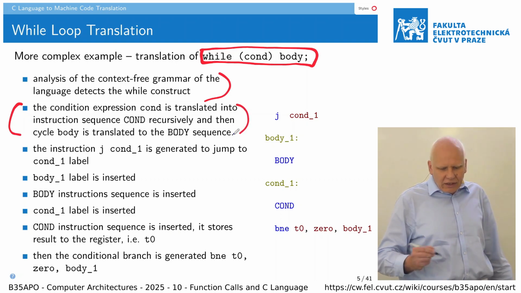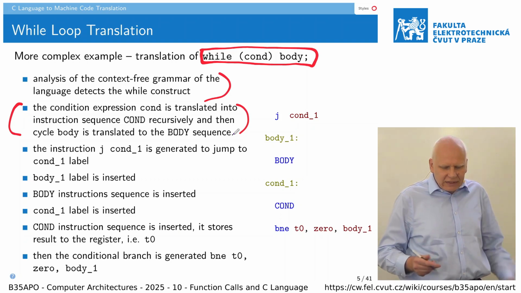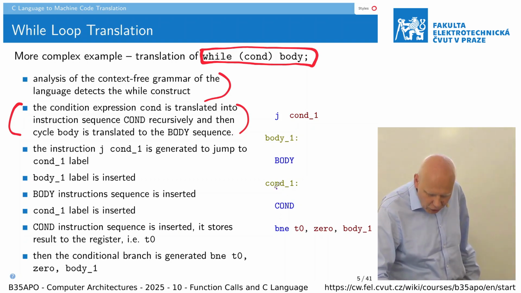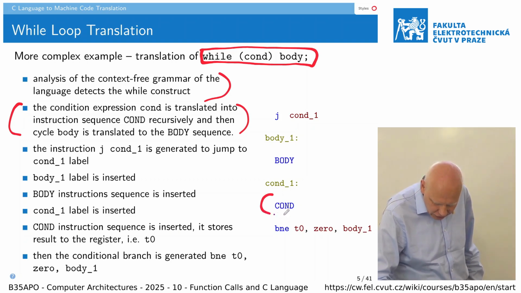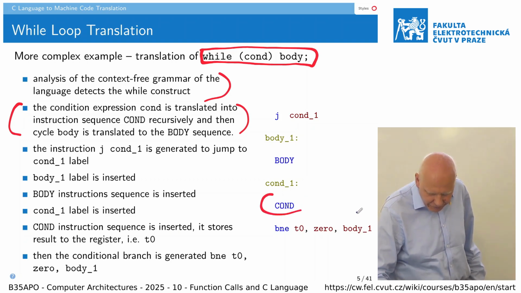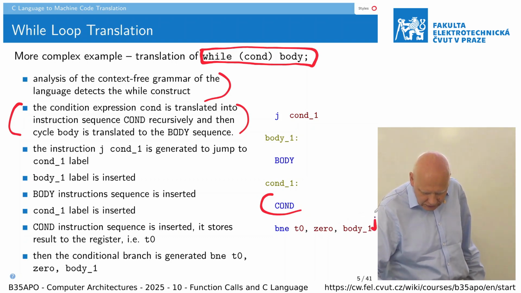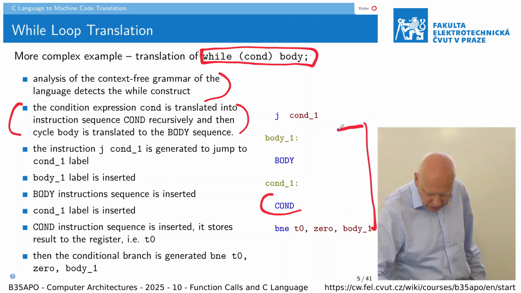Then the compiler decides that it will be realized by the code where we check for the condition, and if the result is true, then it goes to the start of the cycle.